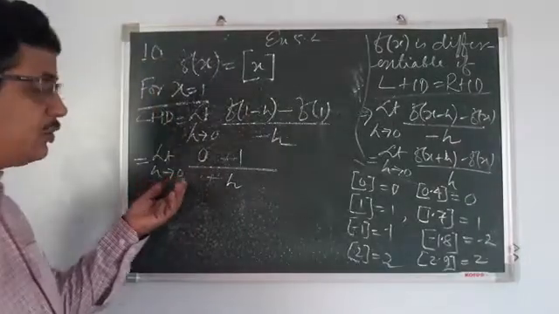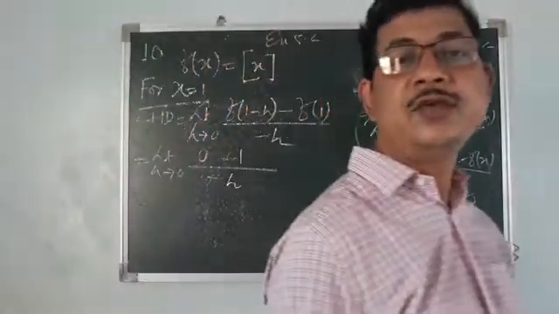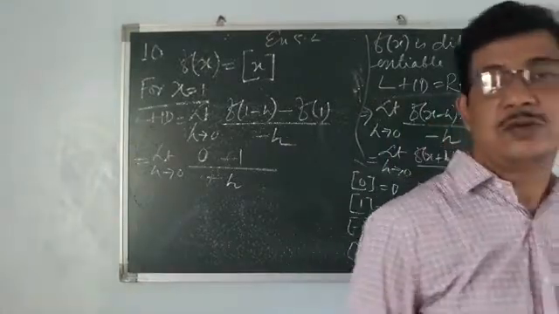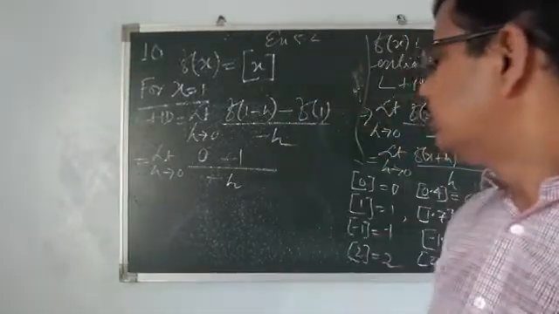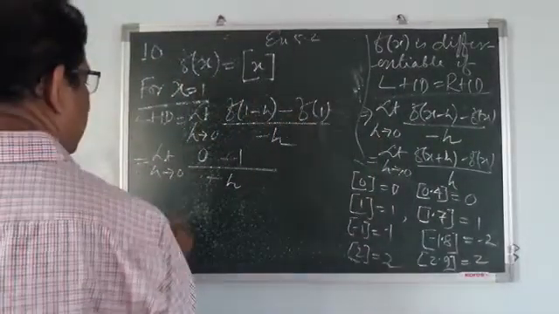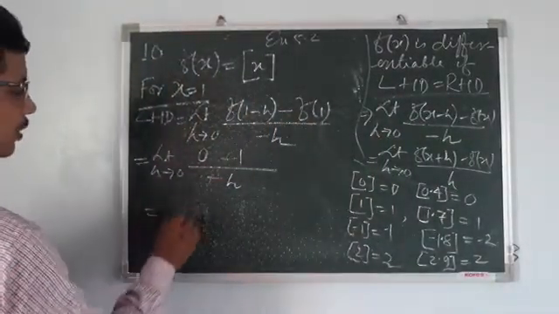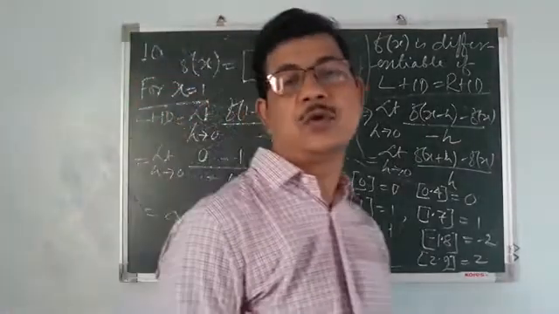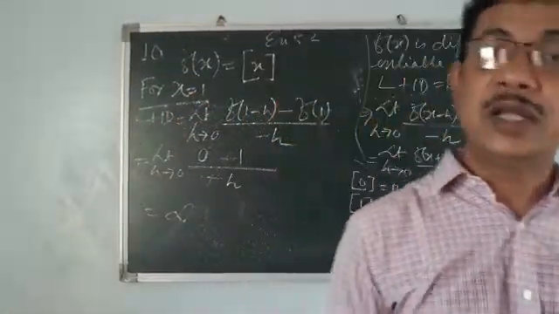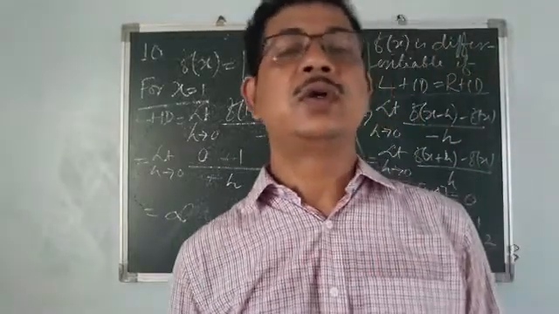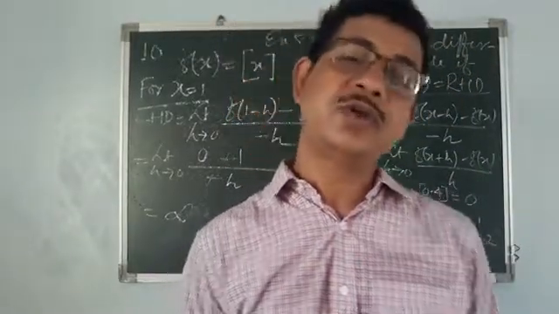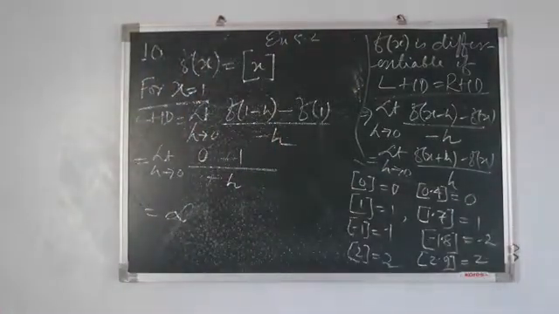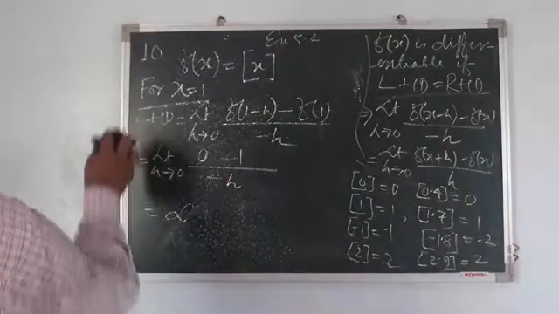As h tends to 0, h is not 0, it is a very, very small term. So of course we will get a very big number, because as h approaches 0, its reciprocal becomes very, very big. So we can write it as infinity. Infinity means a big number. So this is our LHD. Now we will go for RHD.